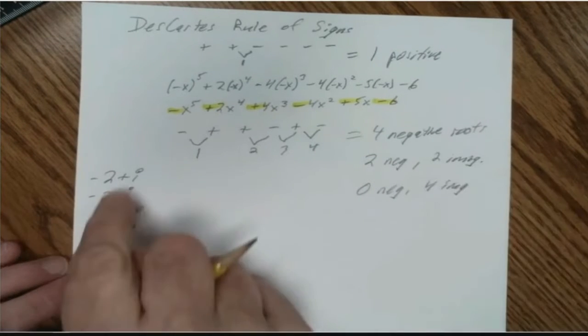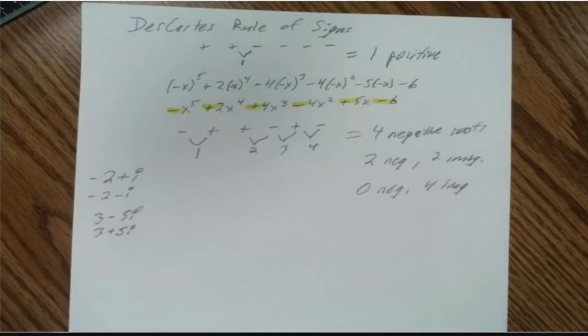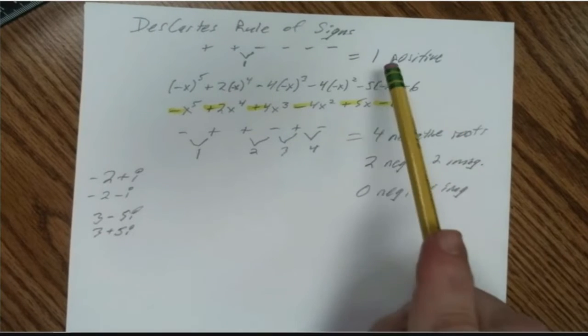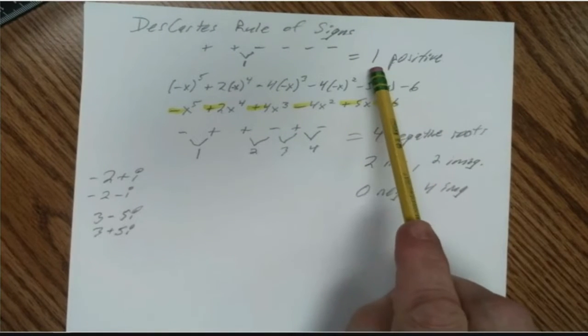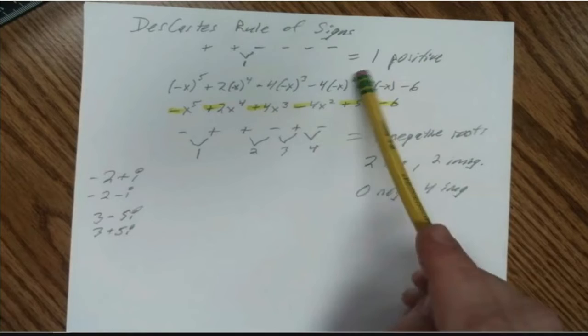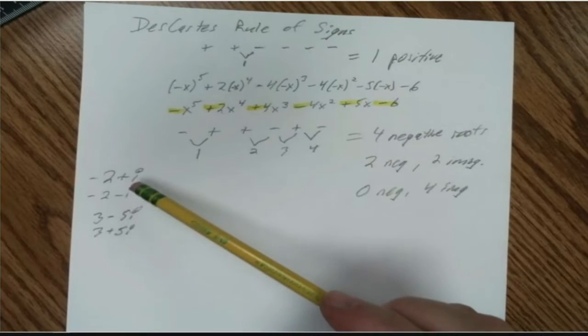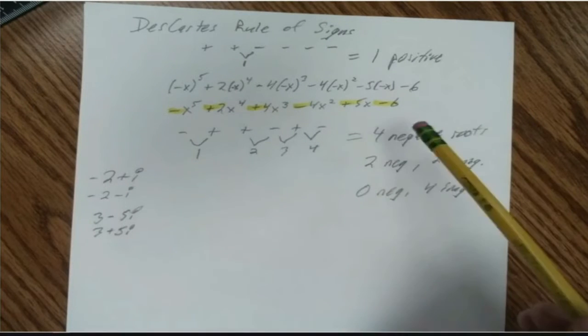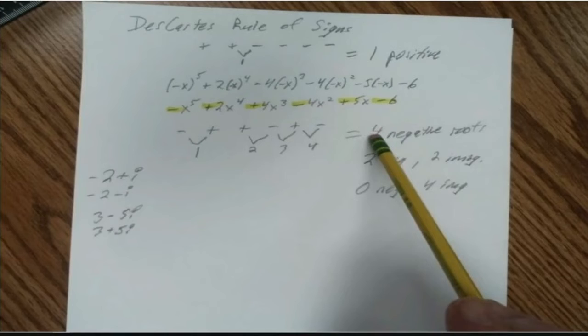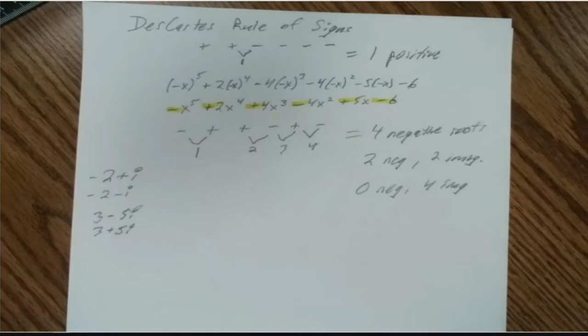There could be 2 pairs. All we know is they come in pairs. But since this says 1, we know there's no way the 1 is imaginary, because there has to be pairs of them. So anytime you have a number that's 2 or larger, you have to remember it could be that a pair of them are imaginary.